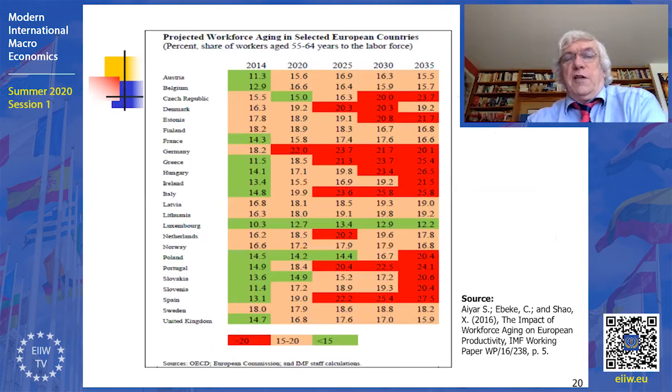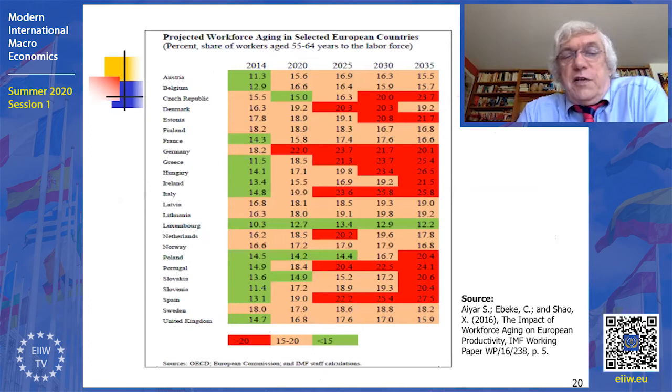Okay, here we have some projected workforce aging in selected European countries, and this here is then from an OECD study. And one can clearly see that the share of workers aged 55 to 64 years in the labor force is all in red territory after 2020, for instance, in Germany. So that means the share will exceed 20%.